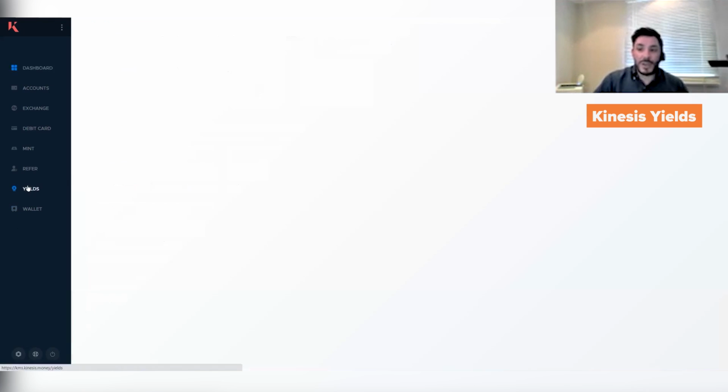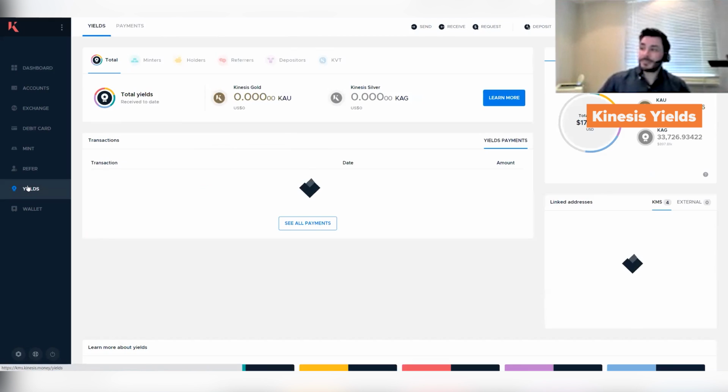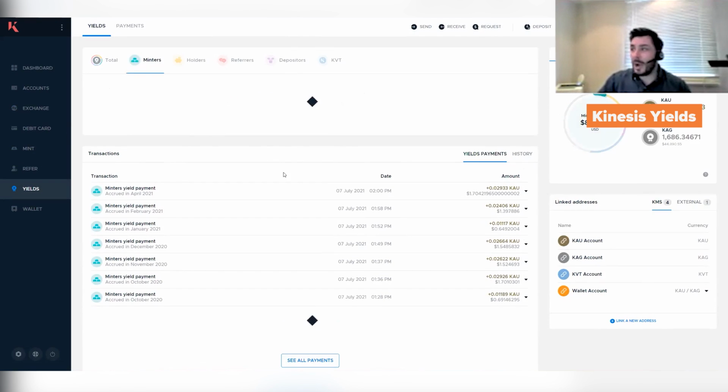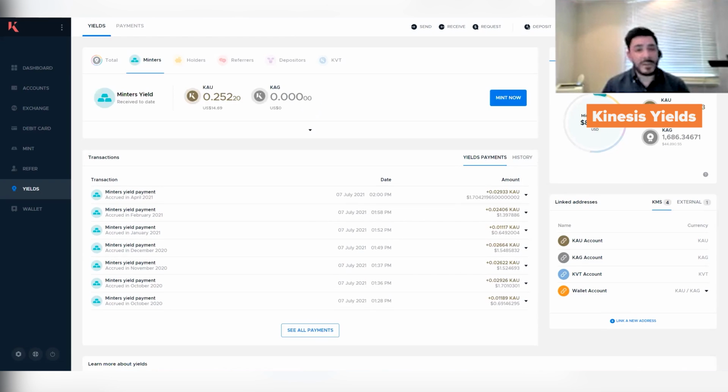So you can go to the yields tab here. This month we paid out 171,000 to our minters. The minters are people who buy more wholesale gold on our mint platform, which we won't necessarily cover today. The yields covered off with the minters were distributed earlier this month, on the 7th of July.